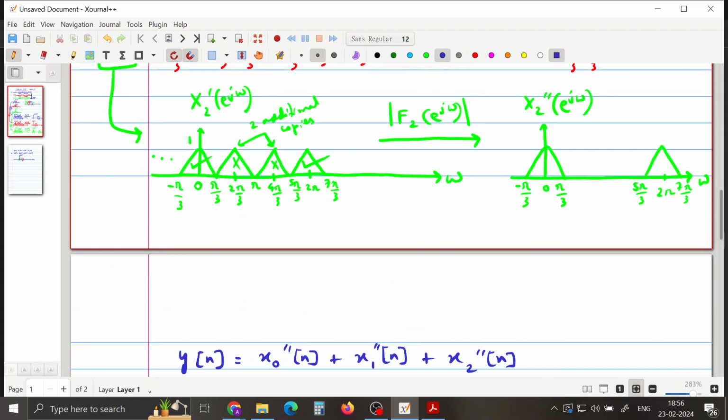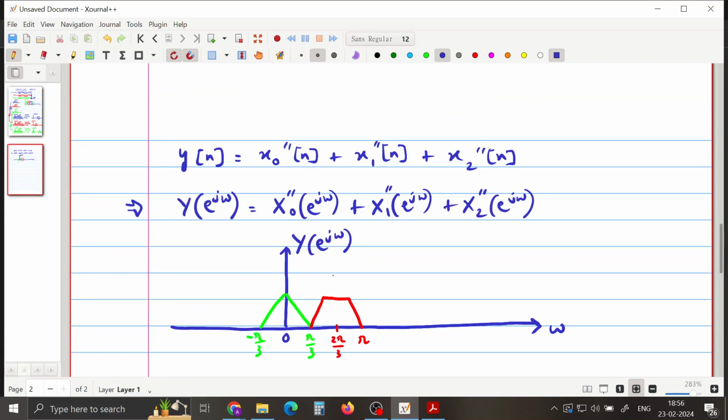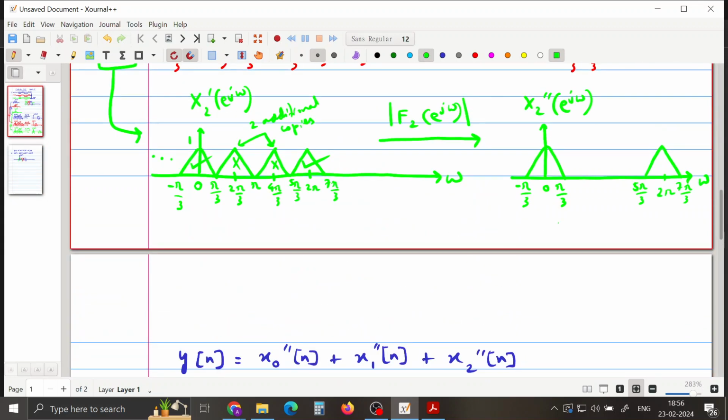Okay, from pi to 5 pi by 3, that's the rectangular part, like this, and the center is at 4 pi. And then this green one again repeats, because in x2 double prime we had this repeating after 2 pi.